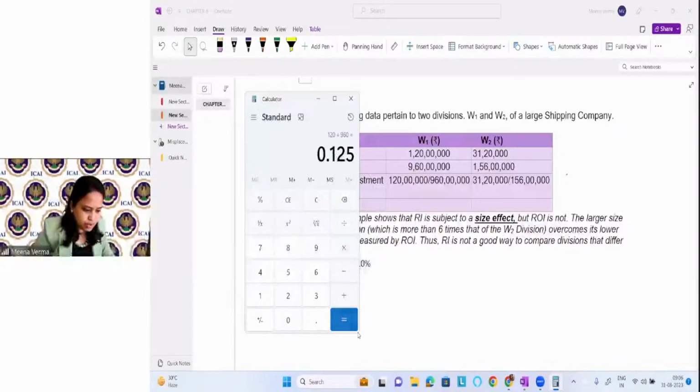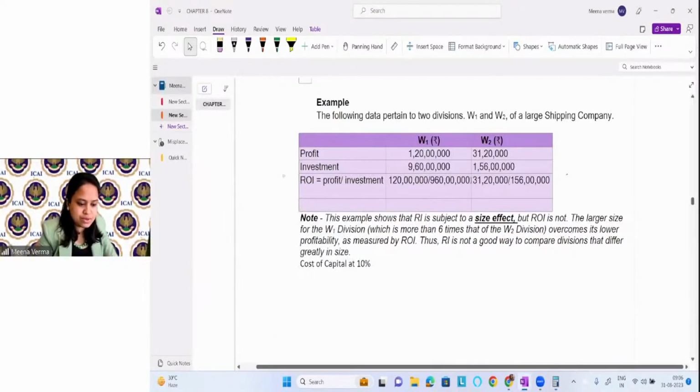So this will give you 12.5%. So here the return on investment is coming as 12.5%.